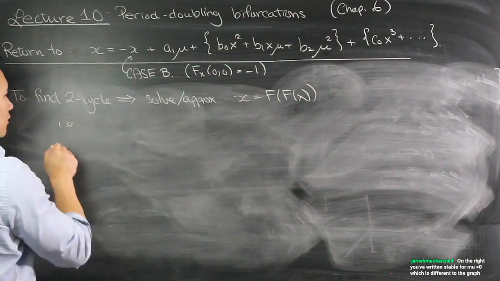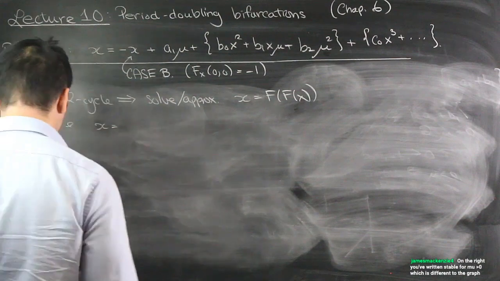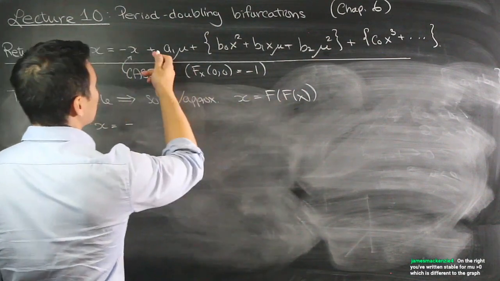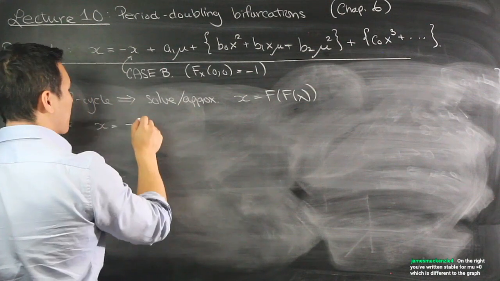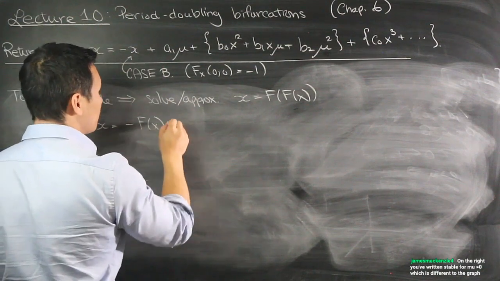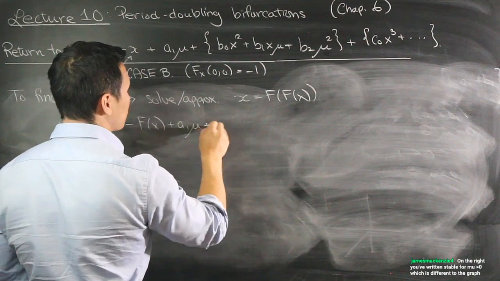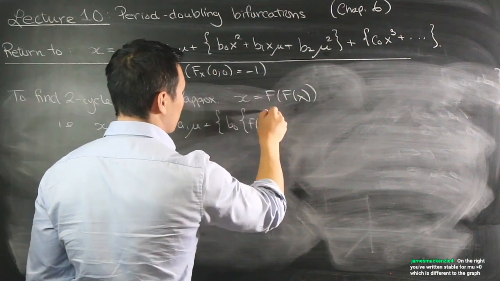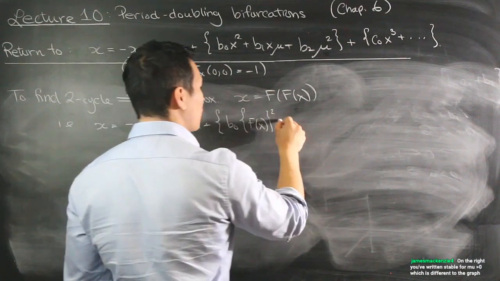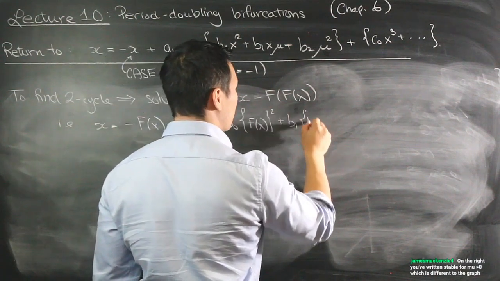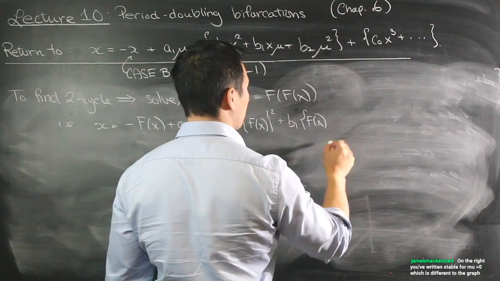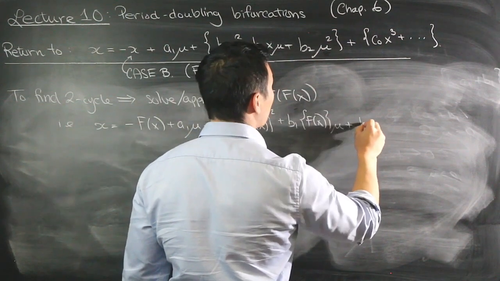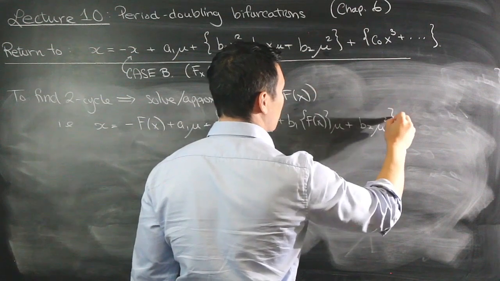So, you can have x equal to minus, essentially you put f of x into everywhere you see an x here. So it's a minus f of x here, plus an a1 times mu, plus b naught, and then this is an f of x squared, plus a b1 f of x times mu, plus b2 times mu squared plus dot dot dot.